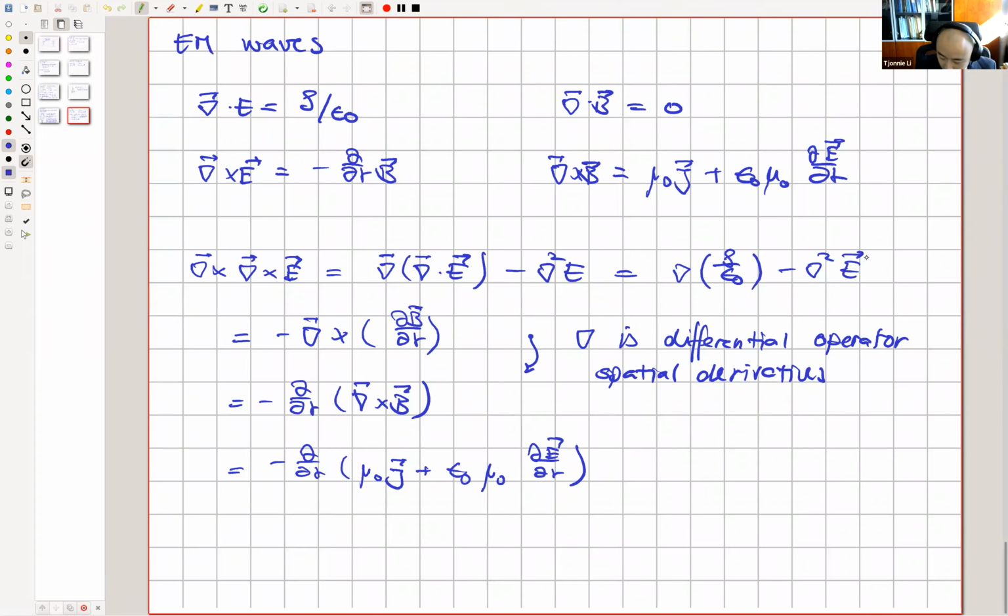Okay, so now we can take a look at this here versus this here. And in particular, we can rearrange this altogether into the following equation.